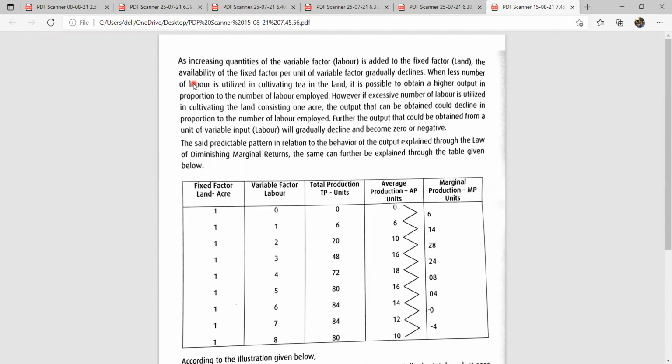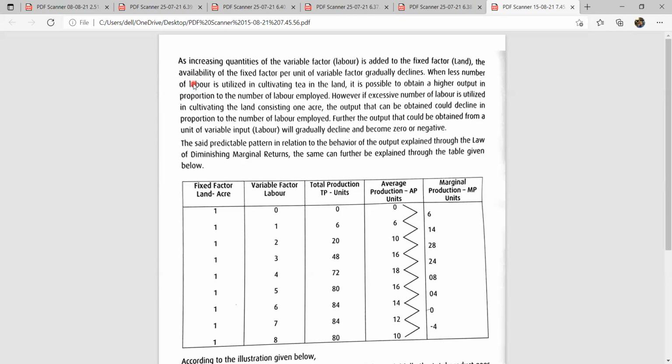When a smaller number of labor is utilized in cultivating tea on the land, it is possible to obtain higher output in proportion to the number of labor employed.